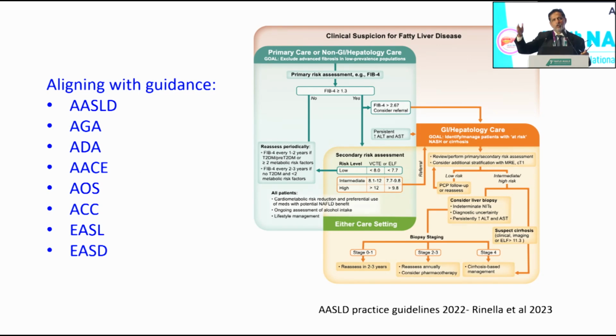But as you go above 2.6 and particularly above 3.25, the positive predictive value for advanced fibrosis is much higher. Now, FIB4 was developed to identify advanced fibrosis, not to do all kinds of other things. If you're above 1.3, then you use secondary tests like FibroScan and other tests. So the core principles are the same across all of these different practice guidelines.